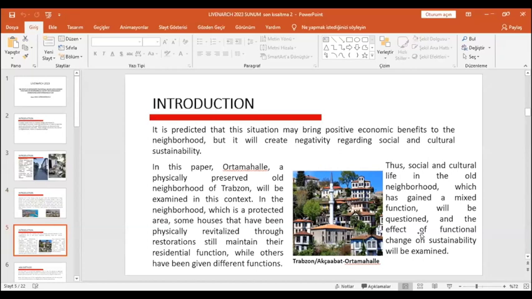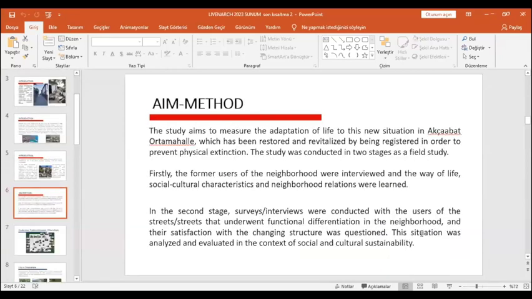Thus, social and cultural life in the old neighborhood, which has gained a mixed function, will be questioned, and the effect of functional change on sustainability will be examined. The study aims to measure the adaptation of life to this new situation in Akçaabat Ortamahalle, which has been restored and revitalized by being registered in order to prevent physical extinction.